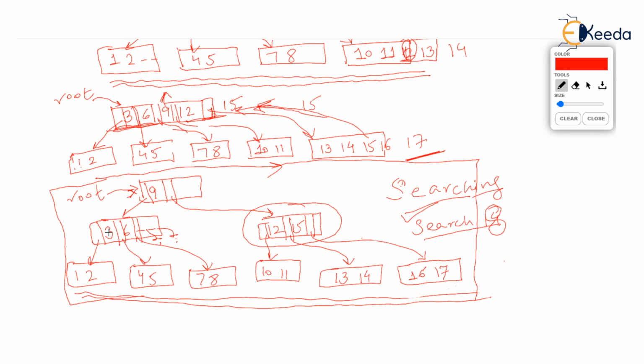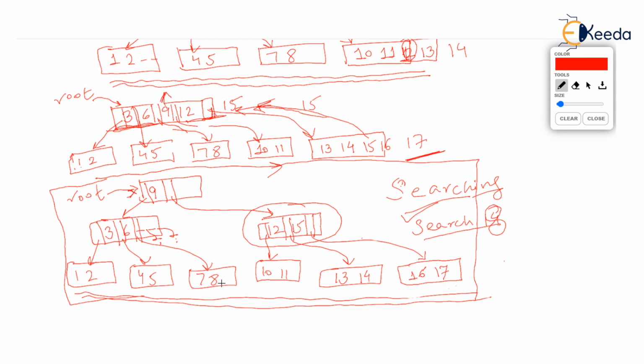You know that if 8 is present, it should be present to the right of 6, and you reach the node which stores 7 and 8. And you found 8. But you actually accessed only 3 nodes: the node which stored 9, the node which stored 3, 6, and the node which stored 7, 8.